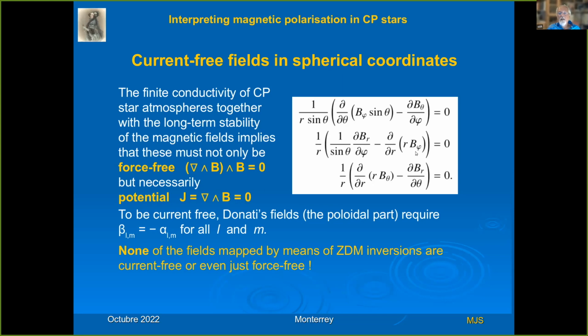And that's this formula. And to be current-free, potential, for these fields, the poloidal part, their beta must be minus alpha for every single mode. And if you look at the fields mapped and published so far, none of these are current-free or even just force-free. So it means they are unphysical.